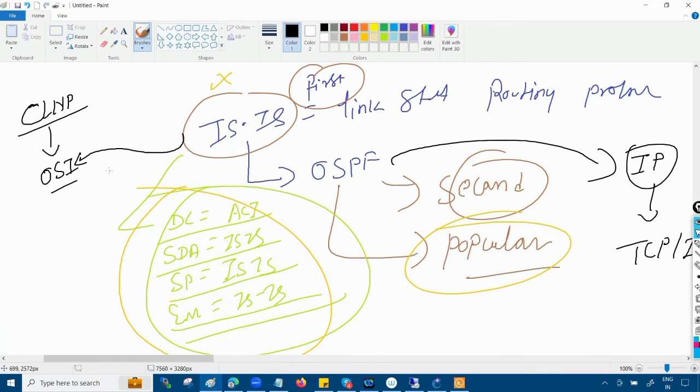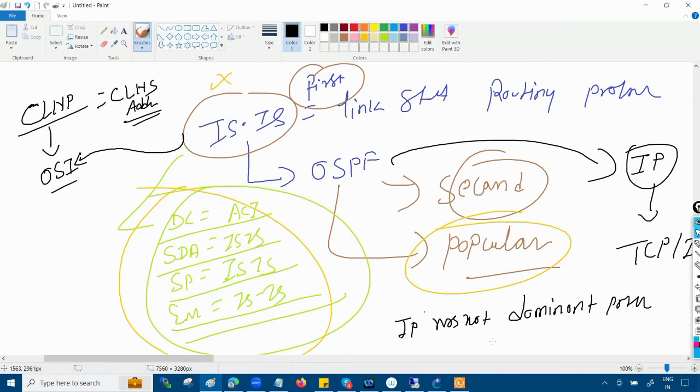At that time, in the 90s and 80s, IP was not a dominant protocol.